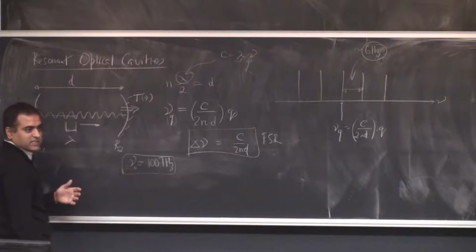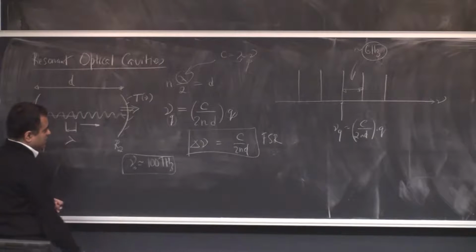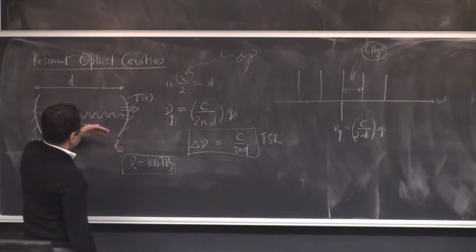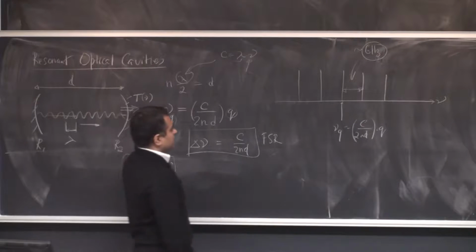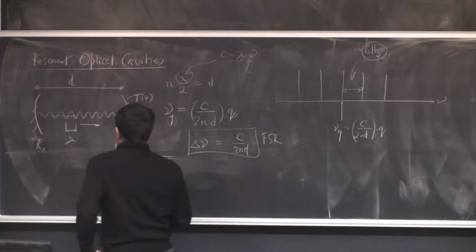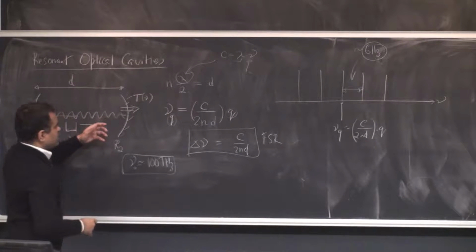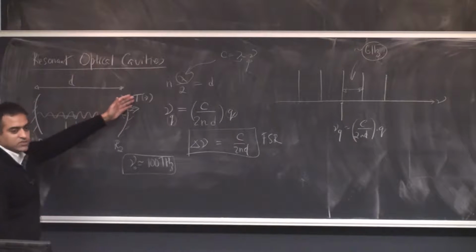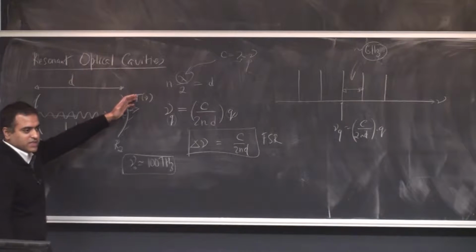Does that make sense? That's the transmission function that I can plot. I think you can see from here that if there are cavity modes that are not allowed, then there's nothing to transmit. The only ones that will really transmit are the ones that are allowed.